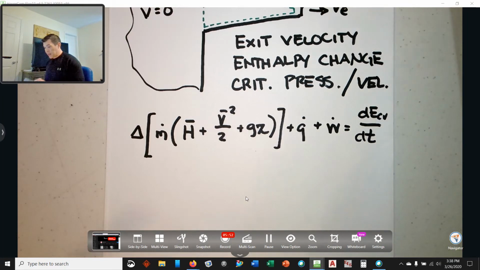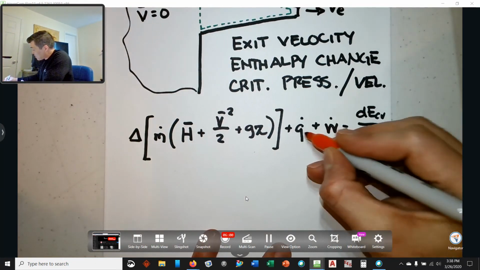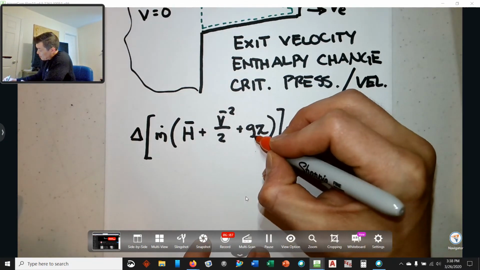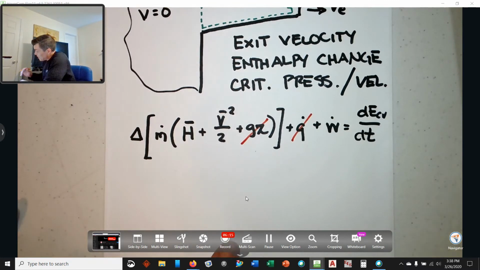And then for our system here, let's see what won't really be so relevant for us. We are going to consider an adiabatic system. We are having a gas, so we're not really going to be concerned with the gravitational potential. We aren't going to do work on this system.